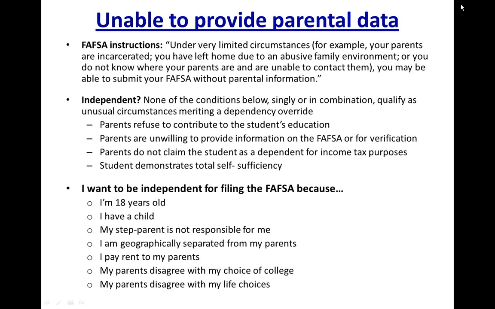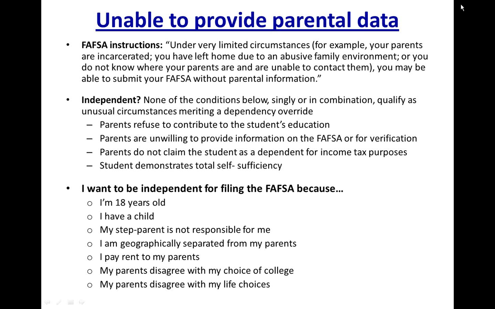In these cases, the financial aid administrator may exercise something called professional judgment to perform a dependency override and make the student independent. The Department of Education stipulates that none of the conditions below, singly or in combination, necessarily qualify as unusual circumstances meriting a dependency override.